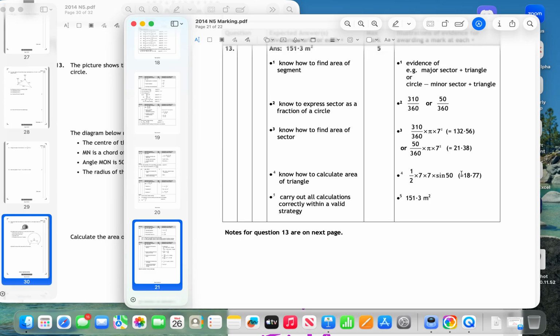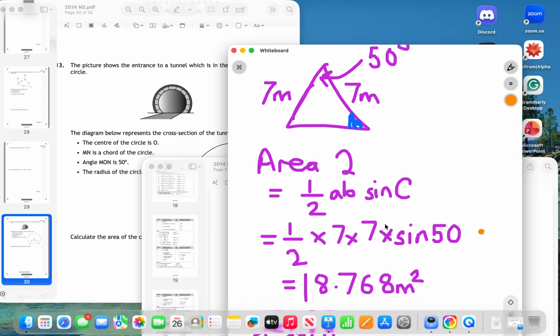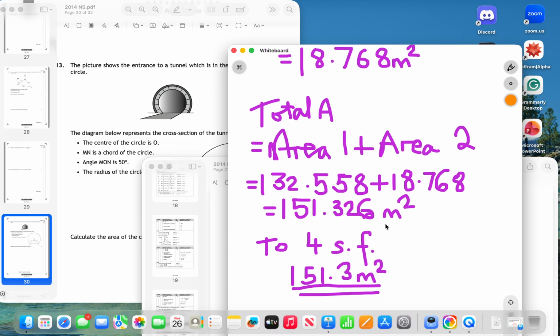So you don't even have to get the answers 132.56 and 21.38 or 18.77. You don't have to get those in order to get marks 3 and 4, but you will need these at the end, and the final mark is for the answer.